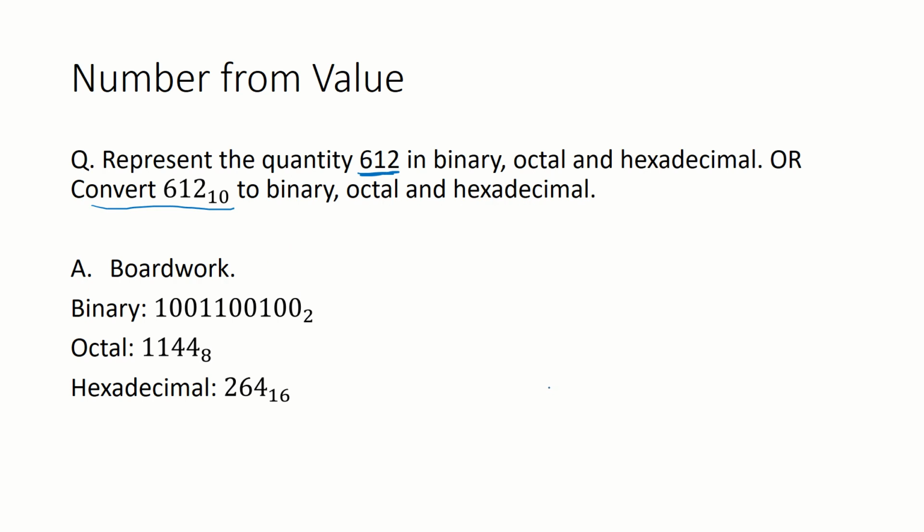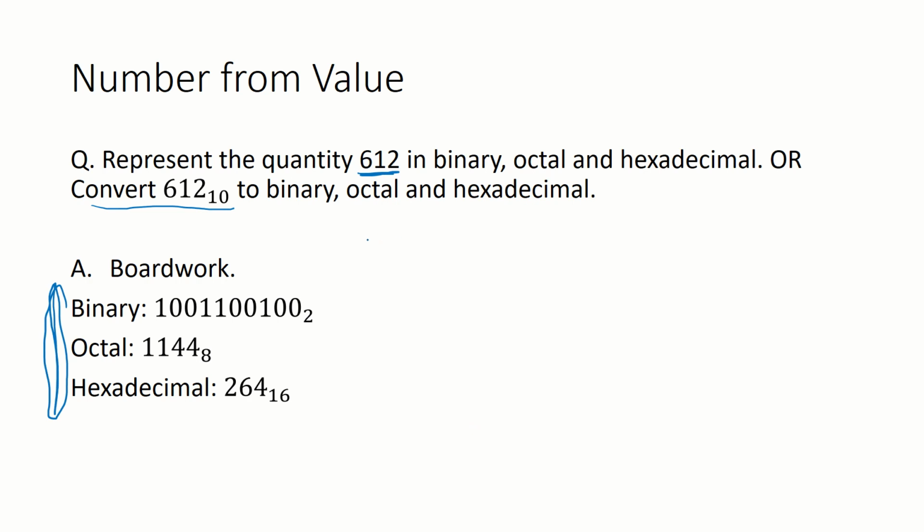So, this is either posed as a problem of representing the quantity in a certain number system or conversion of the number in decimal to a certain number system. Either way this problem can be posed. If you do it, you will get these answers. You can do it on pen and paper and get this as the answer, but I will just show you how to do it.